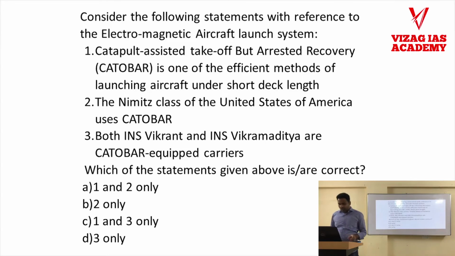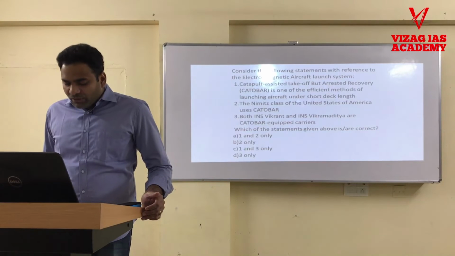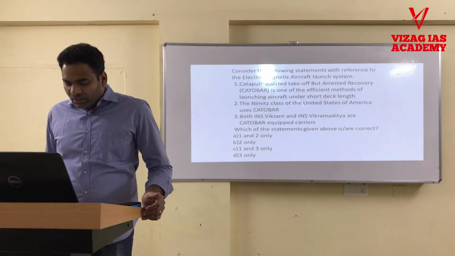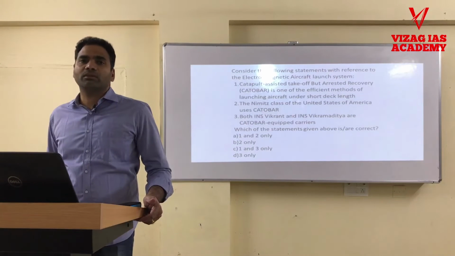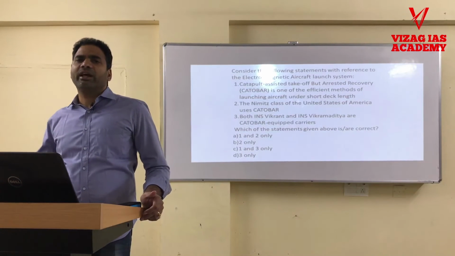Next, 18th. Consider the following statements with reference to electromagnetic aircraft launch system. Catobar is one of the efficient methods of launching aircraft under short deck length. Yes, Catobar kind of catapults aircraft.